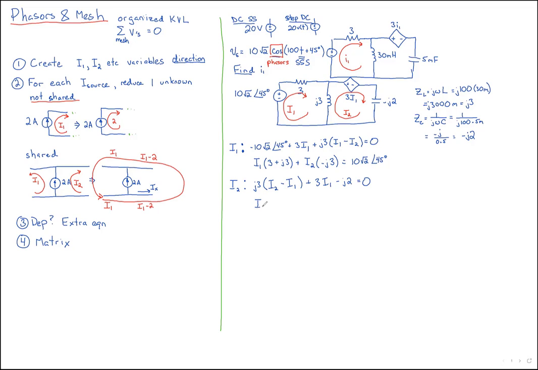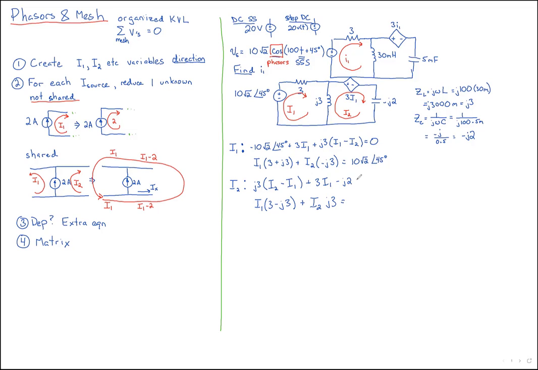So let's write this in terms of unknowns on the left. We've got how much I1 according to this. Let's see, we've got 3 from this, and we've got minus J3 from this. How much I2 do we have? Just J3. And then we put our constants on the right. Ooh, I made a mistake. As we're summing voltages, we got the voltage here correct. We got the voltage here correct.